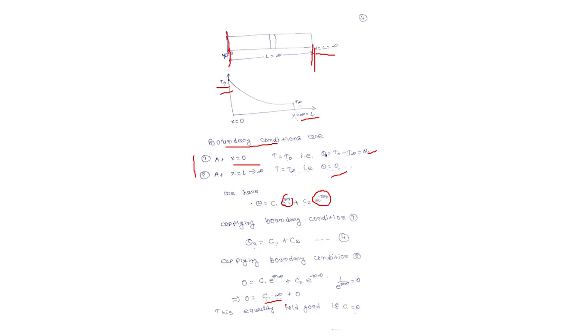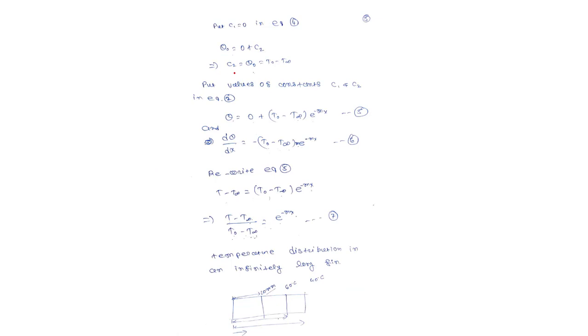So this term is infinity, and if we put C1 is equal to 0, then this equation will be satisfied. So the answer for C1 is 0, and we will put this value of C1 in the previous equation.